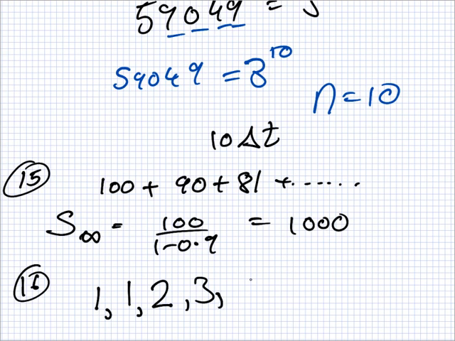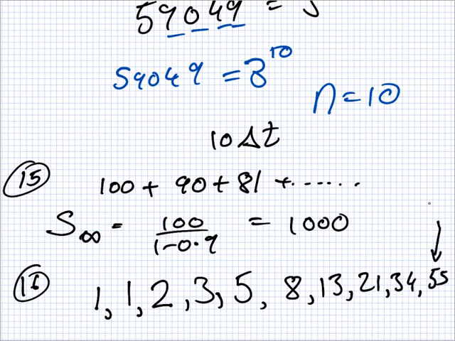So the next one is 5, and the next one is 8, 13, 21, 34, and then 55, which is the one that we want. That's the 10th ancestor generation.